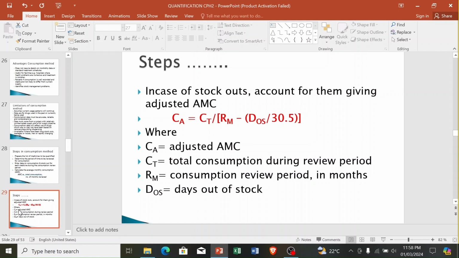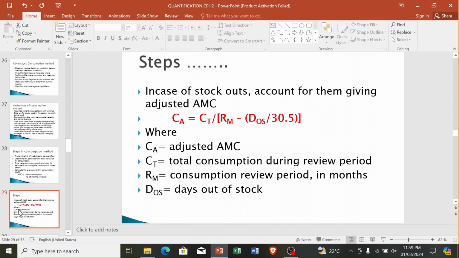A month approximately has 30 days. However, some months have 31 days, with the exception of February. So other months have 30 or 31 days. That is why we have 30.5.